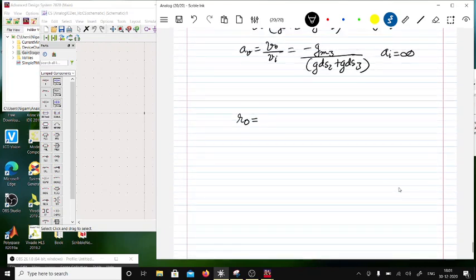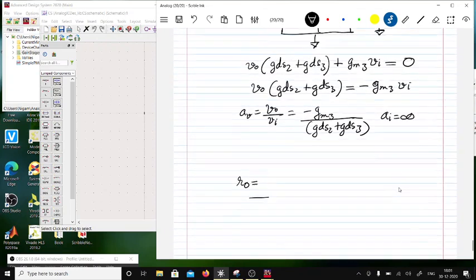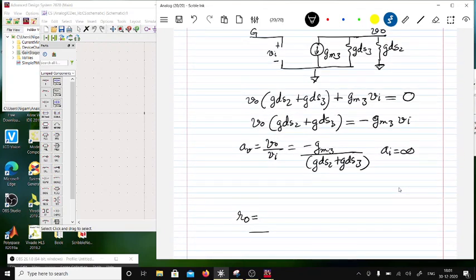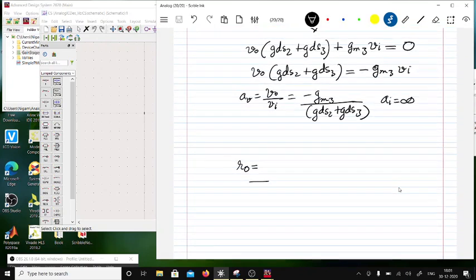So to find out RO, what you have to do is you reduce all the voltage sources to 0 other than the one which you are going to investigate, and then you also replace the DC voltage sources by short and DC current sources by open. So if I do that, this is short and this is short, so basically the net voltage here is 0, right?